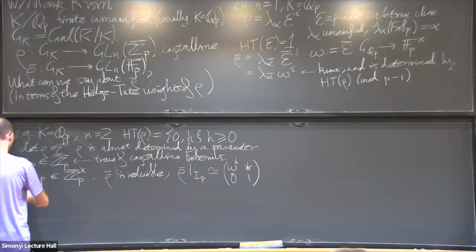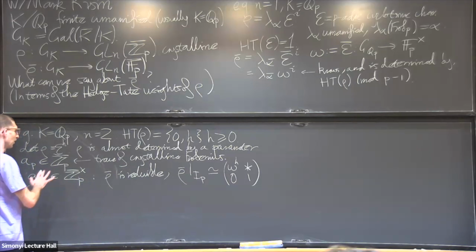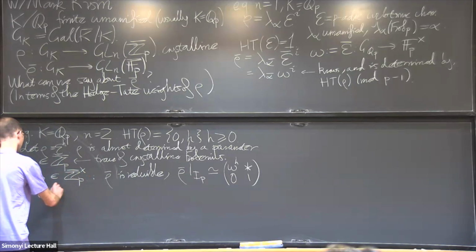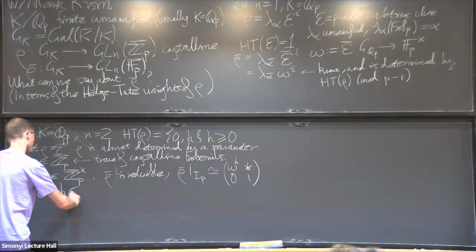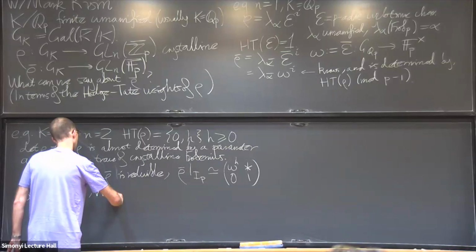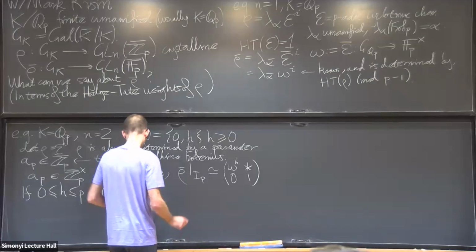That was valid for any h. But as soon as you're not a unit, things get much more complicated. Maybe the next case is that if h is between 0 and p, and the valuation of a_p is positive, then there's still a simple formula.